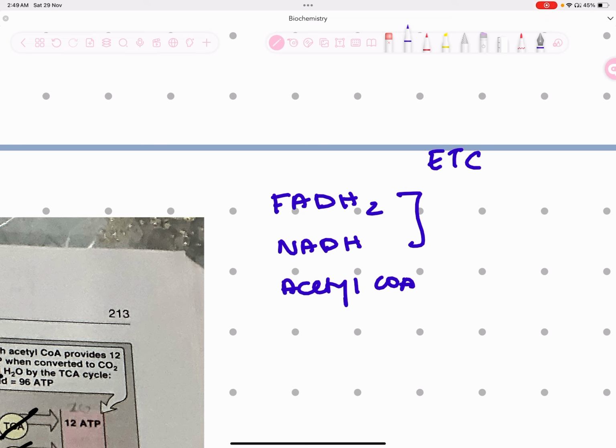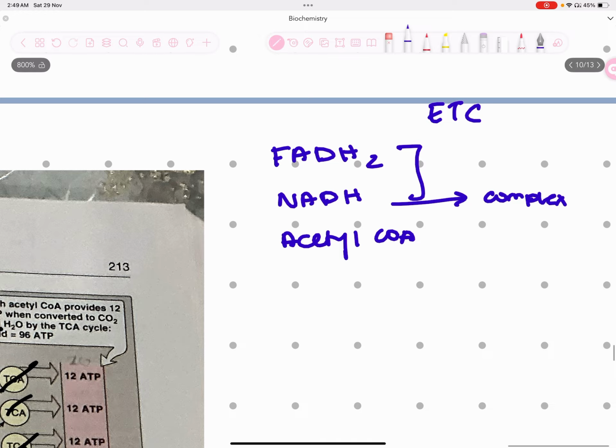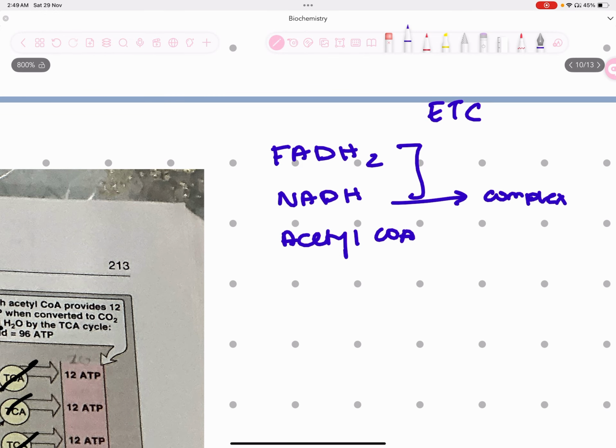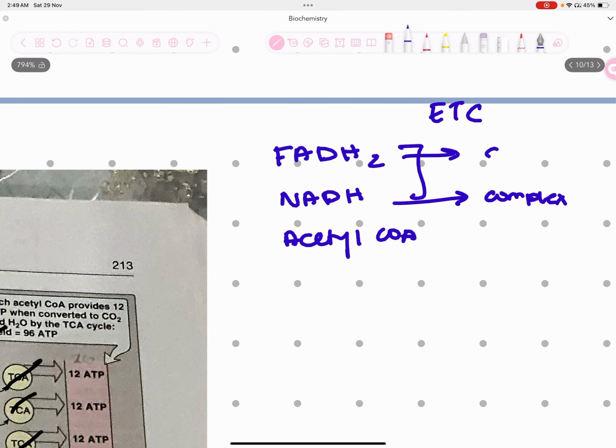In the ETC, complex 1 oxidizes NADH, and complex 2, coenzyme Q, oxidizes FADH2.